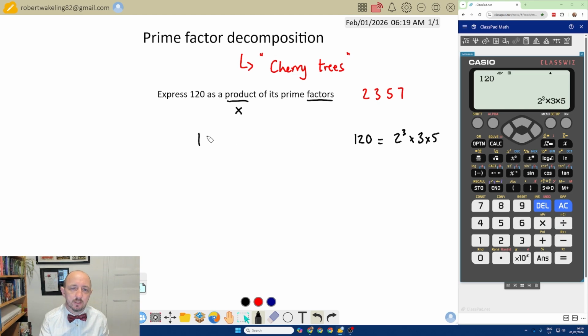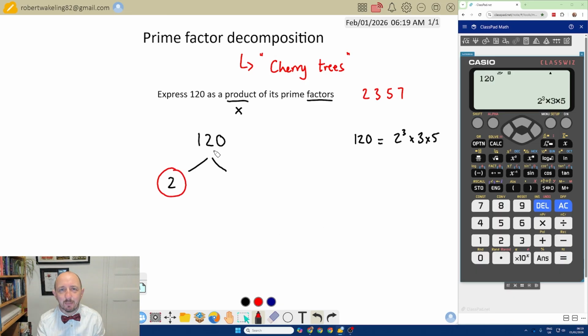We start with 120, and we're looking for numbers that multiply to give 120. You can choose any pairs you like, 12 and 10, 3 and 40, whatever. But most people will go with 2. And when you hit a prime number, you put a circle around it.